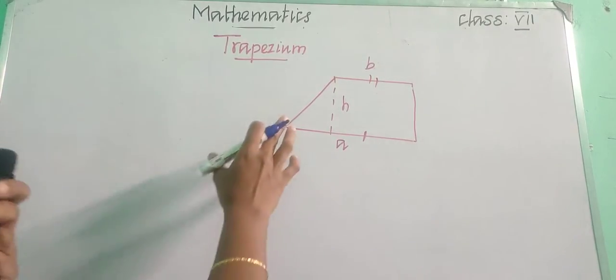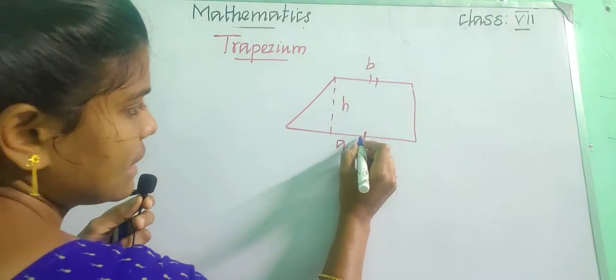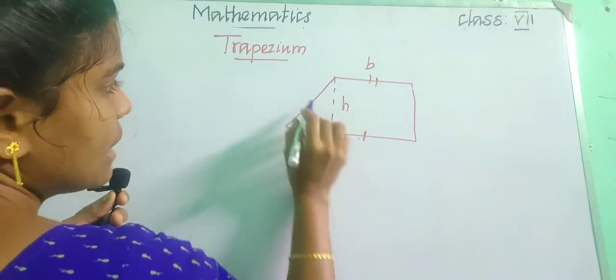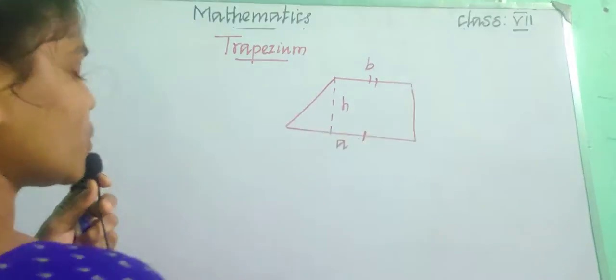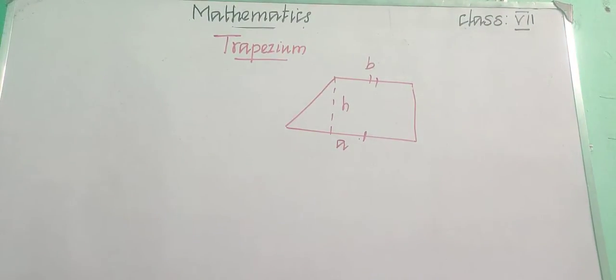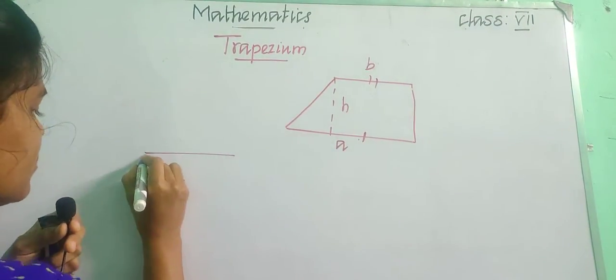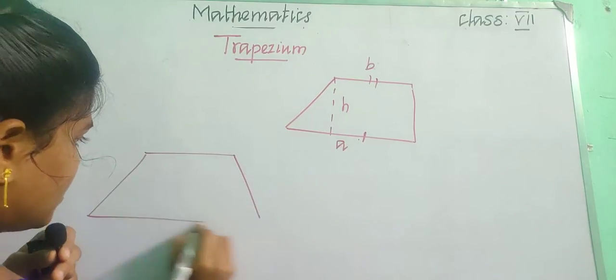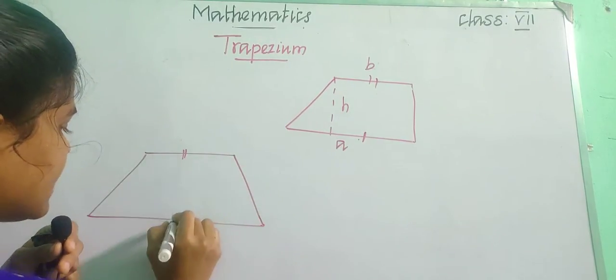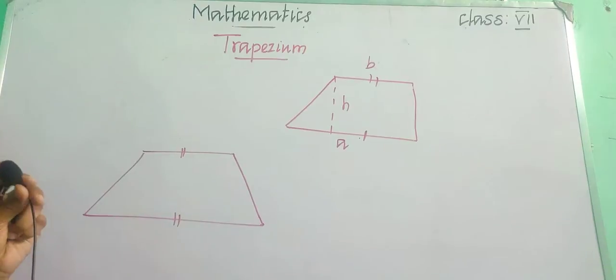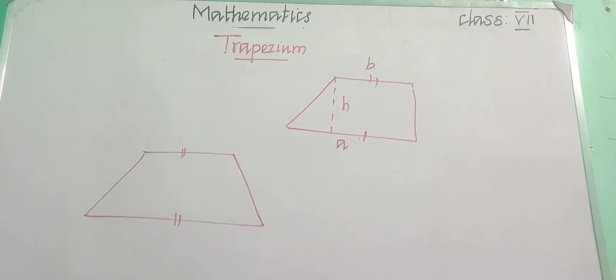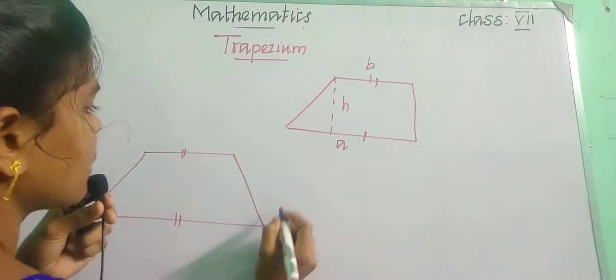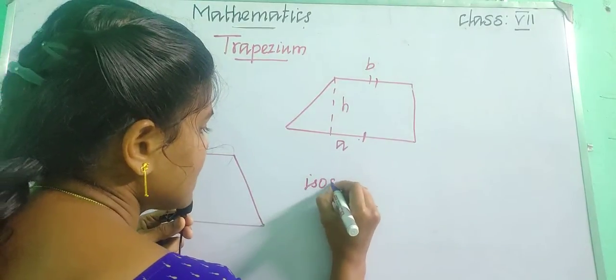We have said these two lines are only parallel, right? These two sides are not equal and also not parallel, right? If these two sides are parallel and these two sides are equal, we'll call it an isosceles trapezium.